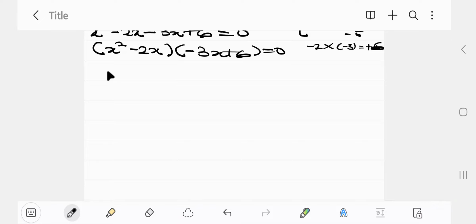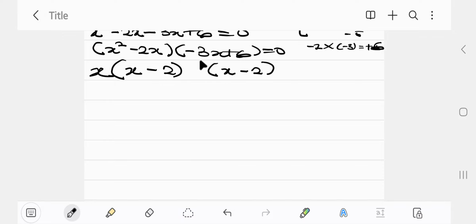Let's separate this one more time. What is a factor of x squared minus 2x in this bracket? I think x is a common factor. So we have x into x minus 2, because when you multiply x by x, you have x squared, and when you multiply x by minus 2, you have minus 2x. Let's make this bracket the same as this bracket, so we have x minus 2 here.